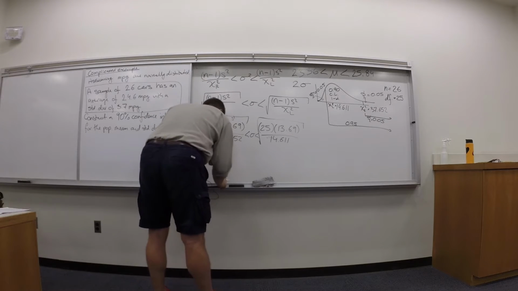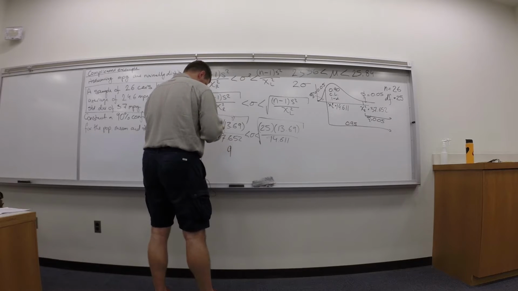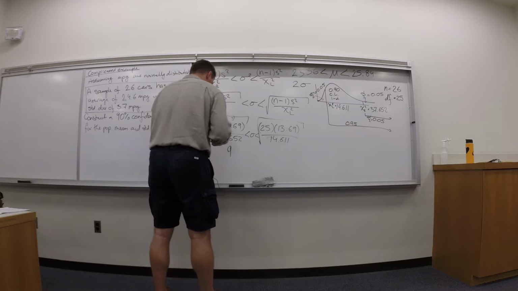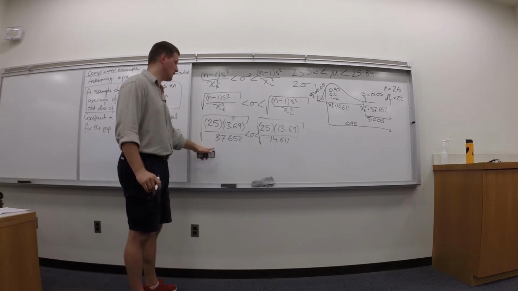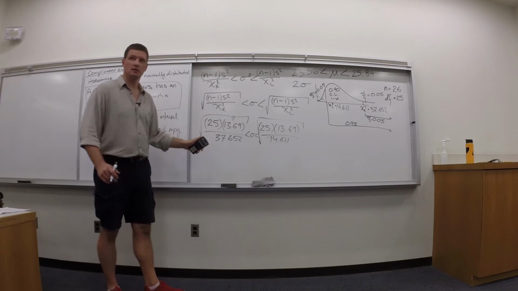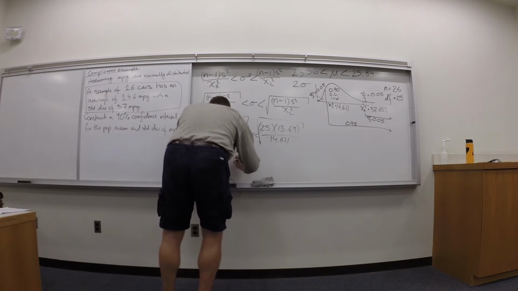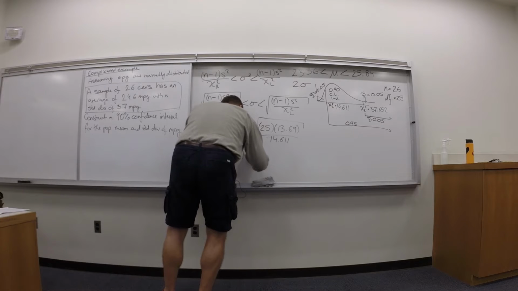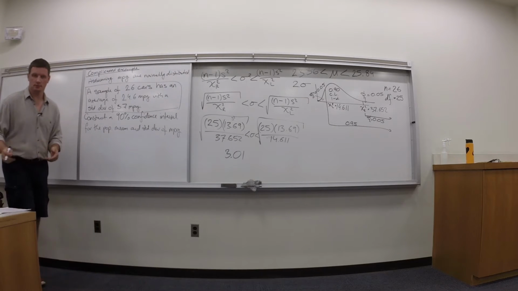I got a 9 after the square root? Oh, no. Yeah, I had 3.01. I just found the big square.